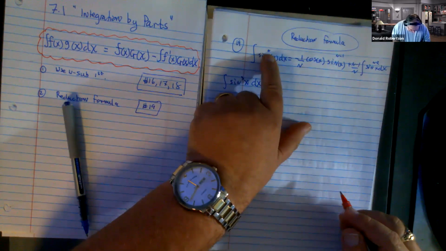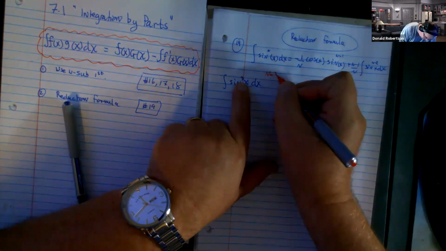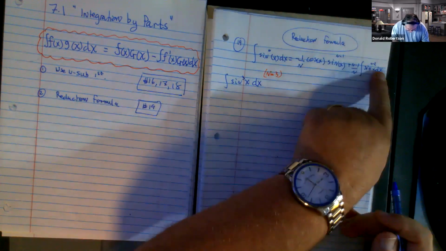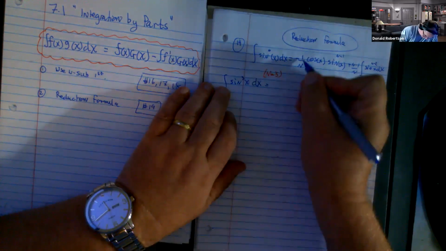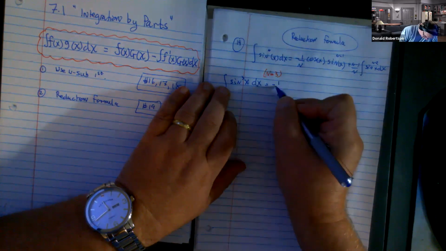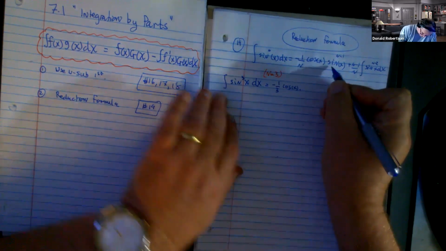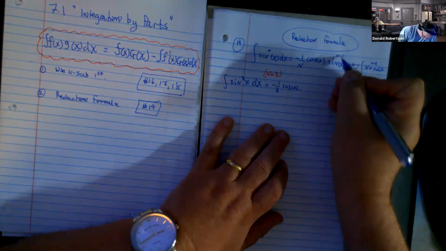This n is whatever the original power is. So that means n is going to be 3. I just go through this entire formula, and anytime I see an n, I replace it by 3. So -1/n becomes -1/3 cosine x times the sine to the n-1 power. Well, if you have 3 and you take away 1, you're going to get 2.